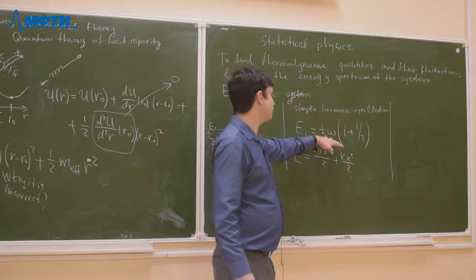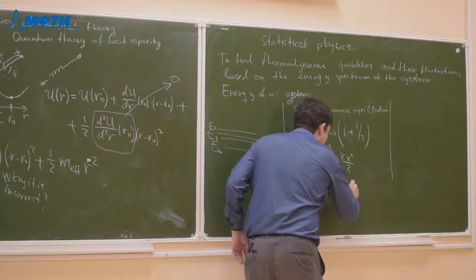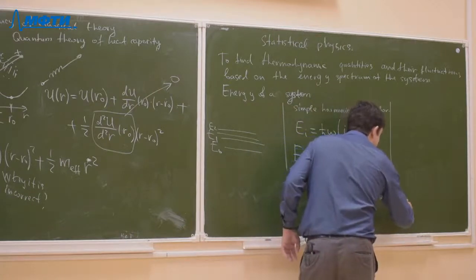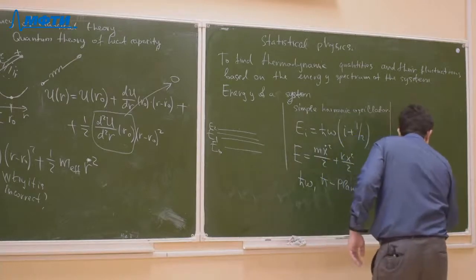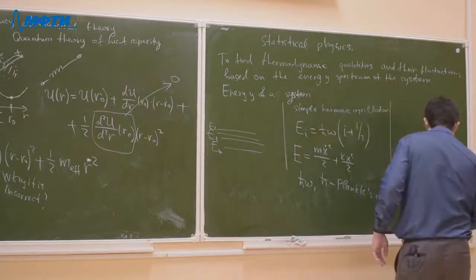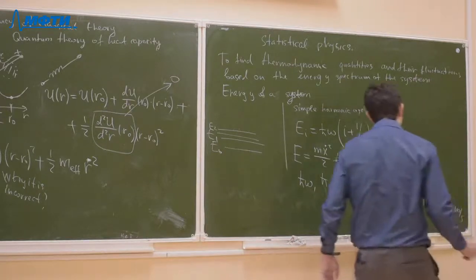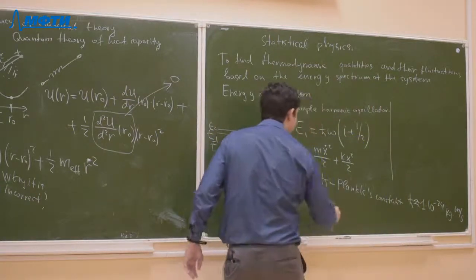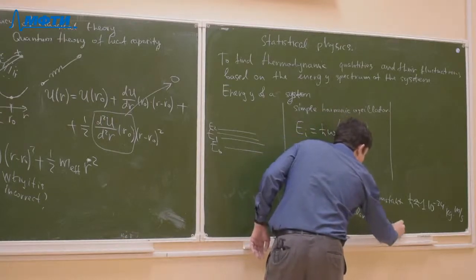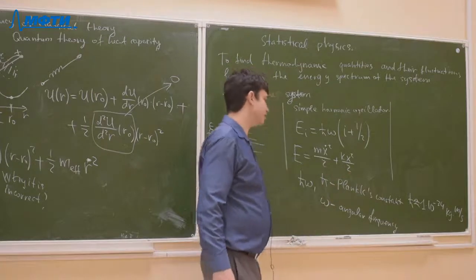And the quantum of energy of the oscillator is ħω, where ħ is Planck's constant and ω is the angular frequency of oscillations of this particular oscillator.